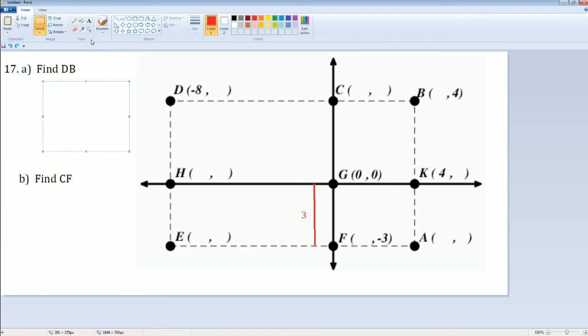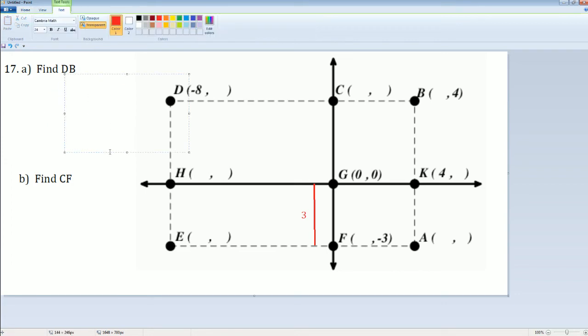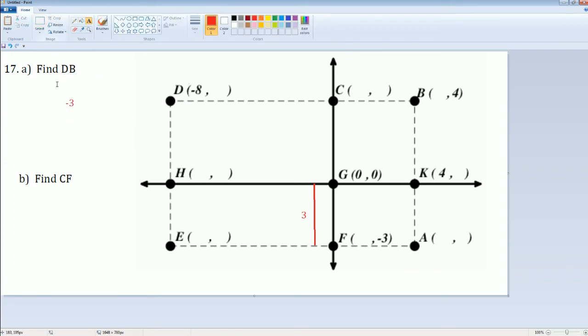So, alright, the coordinate here is negative 3. The coordinate here, which is positive, that's going to be positive 3. That means this is also positive 3.